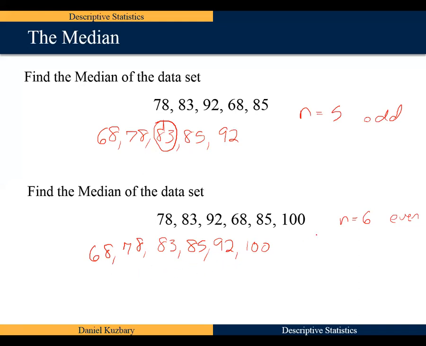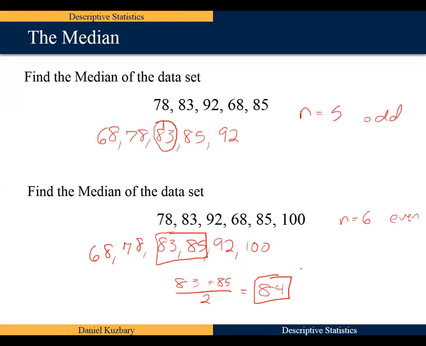Now that I have 6 values, I don't have a number that's smack dab in the middle. So in order to find the median, I should take the average of these two numbers. I can do 83 plus 85 divided by 2, which is the number exactly halfway from 83 to 85, which is 84. So the median in this case is 84.